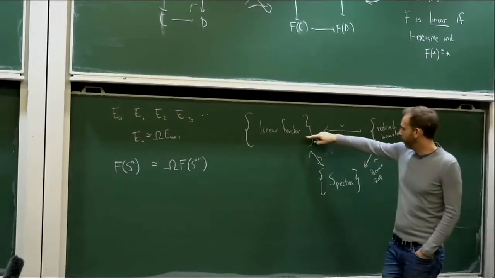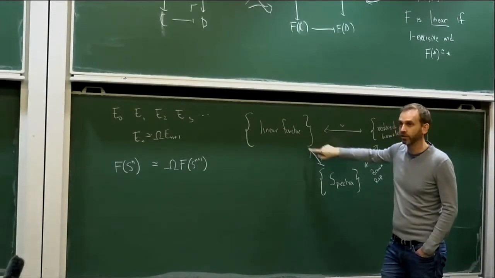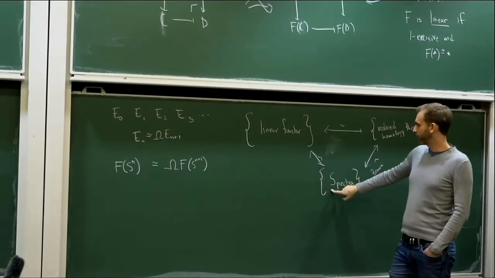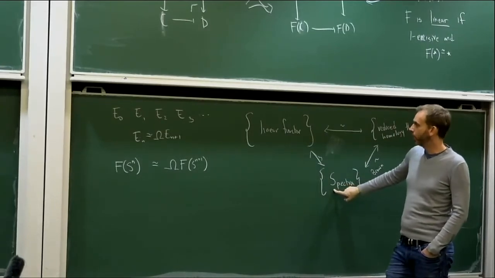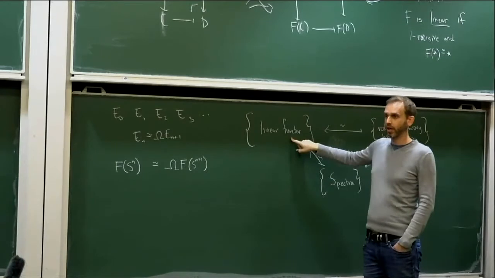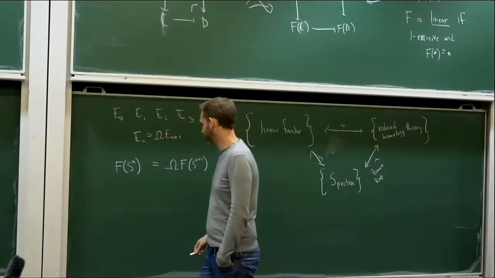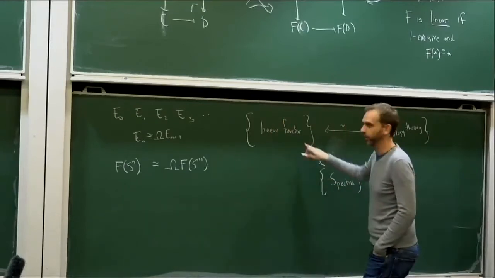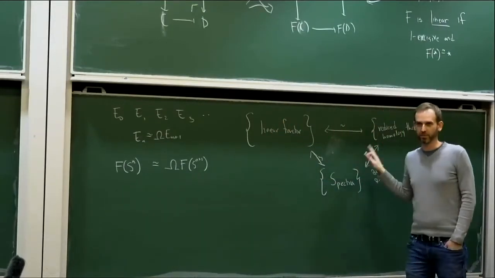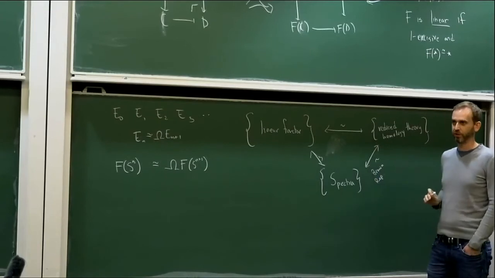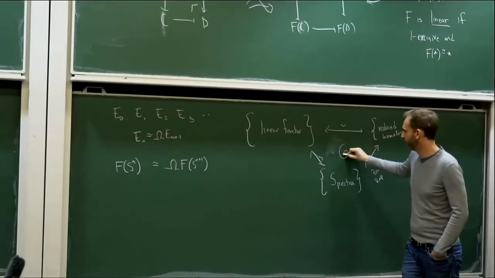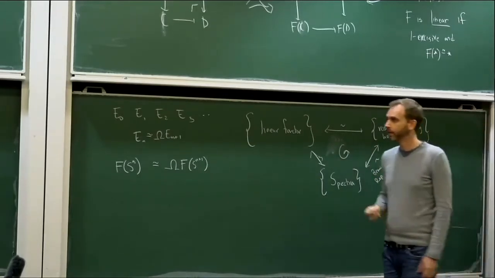And on the other hand, we've just produced from a linear functor a spectrum. And given a spectrum, you can always produce a linear functor by a formula. Let me not say what the formula is, but I'm just going to take this as a black box. This is a very well-known fact in topology. All these three things are the same.